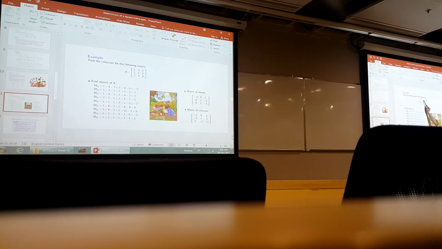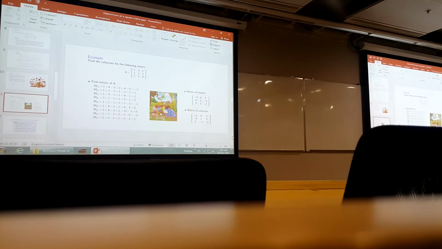For this position, the minor is 6 minus 1, which is 5. And it's positive, so the cofactor is the same as the minor. For this position, the minor is 2 minus 1, which is 1. And it's negative, so the cofactor is minus 1. This last position, the minor is minus 1 minus 3, which is minus 2.